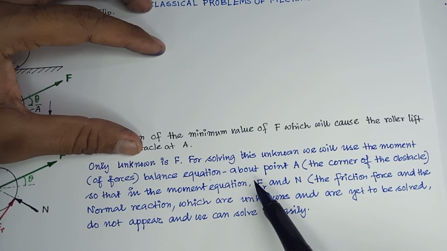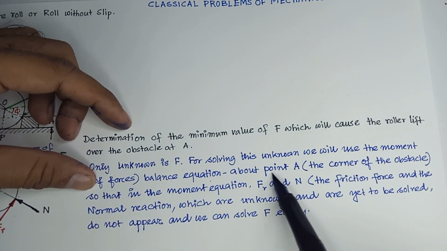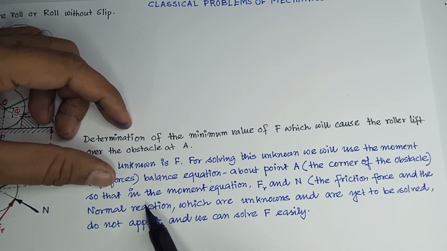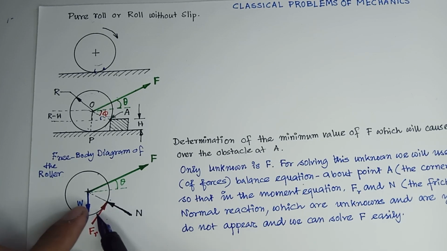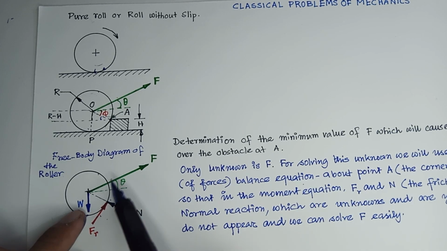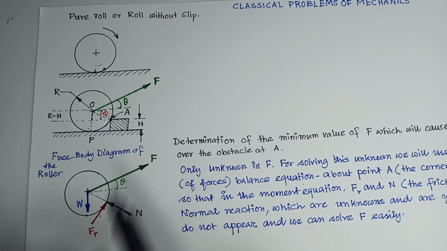That is the condition of statics. About point A, the corner of the obstacle, if I take moment about this point, these two forces will not appear in the moment equation, because they will not produce any moment, therefore these two will vanish. Therefore I can solve this unknown, because this is known. So these two forces will appear, but these two forces will vanish. Therefore I can solve one unknown from one equation.